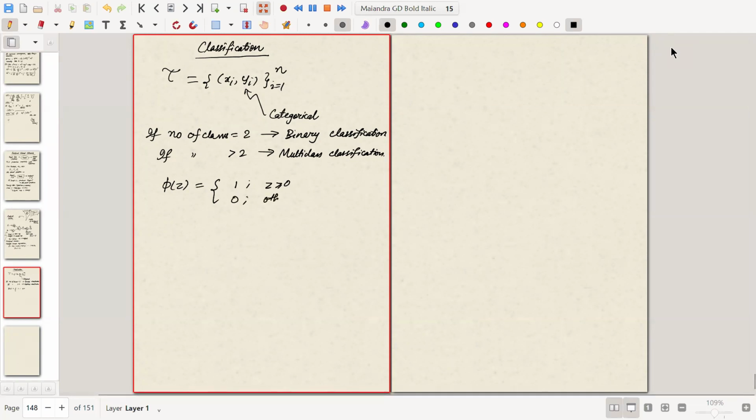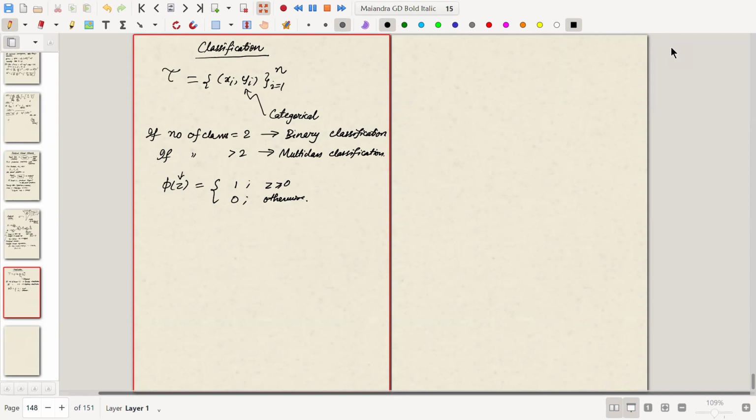Z is a variable. If this is your activation function, then when you have W0 plus W1x1 and all that input data, z is the input and it will just apply phi of z. If z is greater than 0, assign 1; if not, assign 0. So all the data points can now be transformed into zeros and ones, so it is classified.